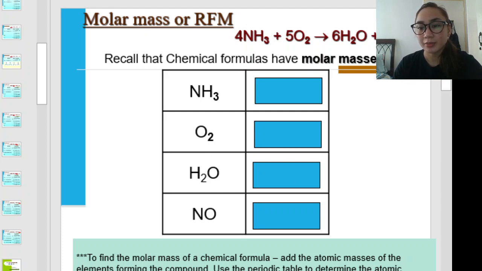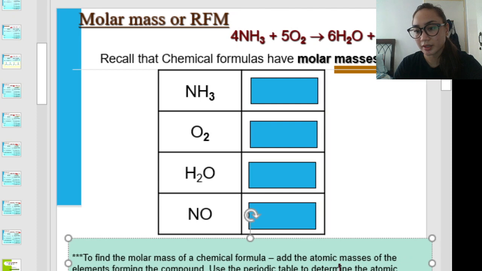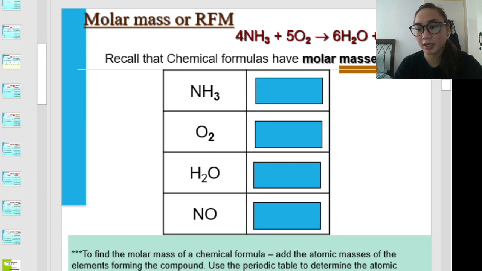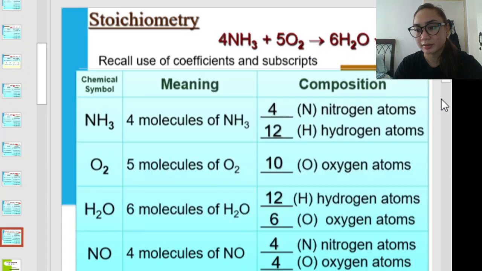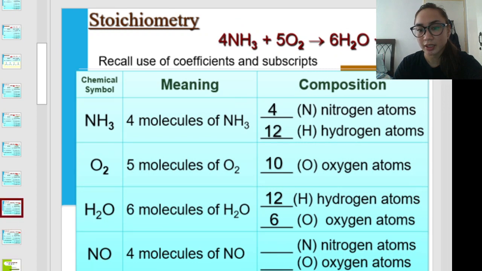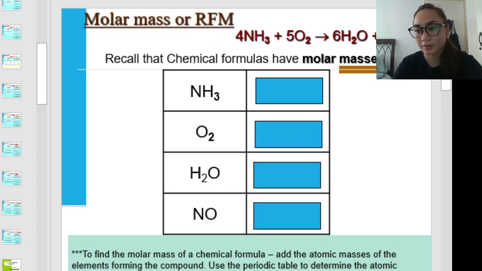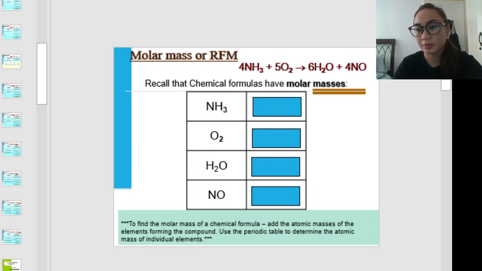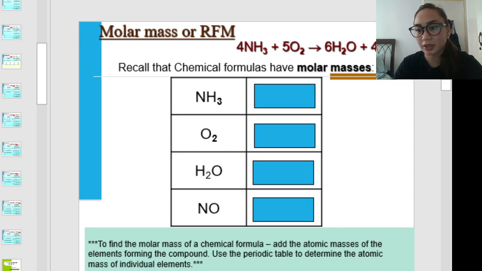So, to find the molar mass of a chemical formula, add the atomic masses of the elements forming the compound.